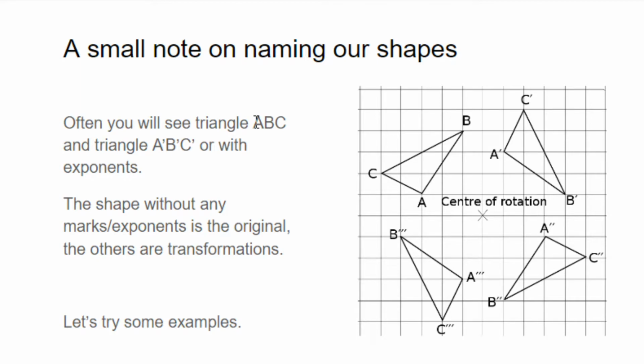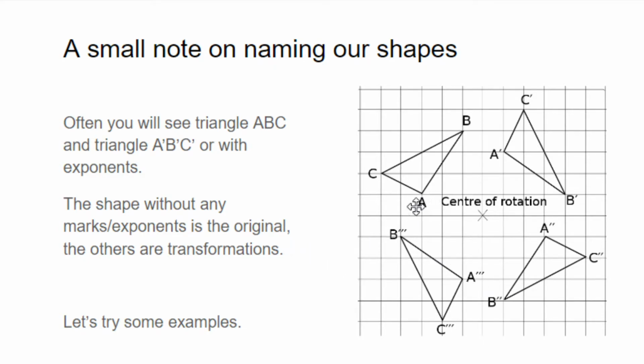So I guess this is something we should talk about first. Often you'll see a triangle ABC and then A prime, B prime, C prime, or like A1, B1, C1, or A2, B2, C2. You'll notice these have multiple primes, like A with an apostrophe, apostrophe, and then A with a triple apostrophe.